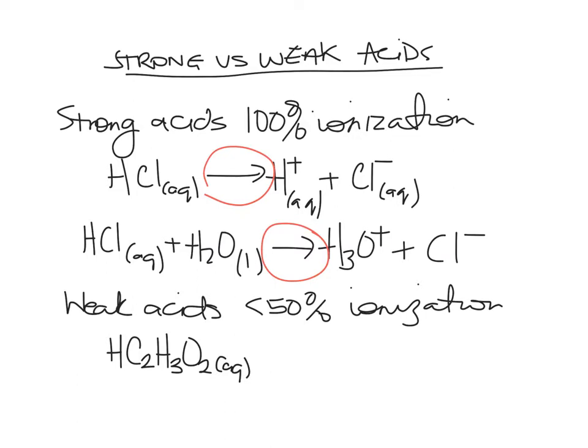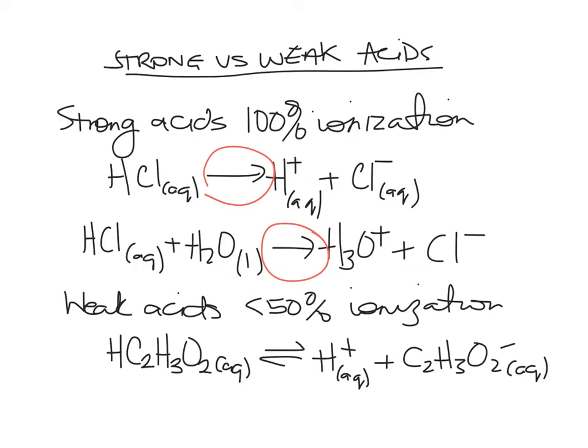So again, you can write it the informal way with an H plus and C2H3O2 minus. That's the acetate ion or the ethanoate ion. And you'll notice we use the double arrows for weak acids because of this equilibrium.